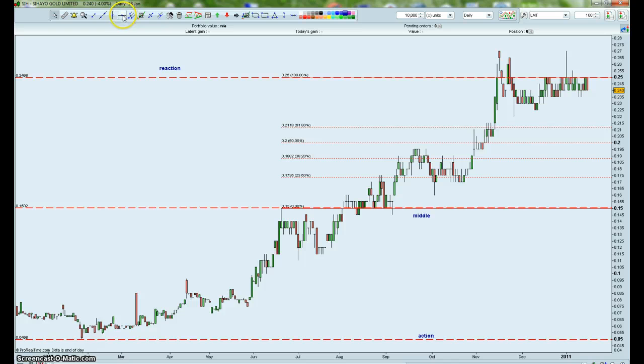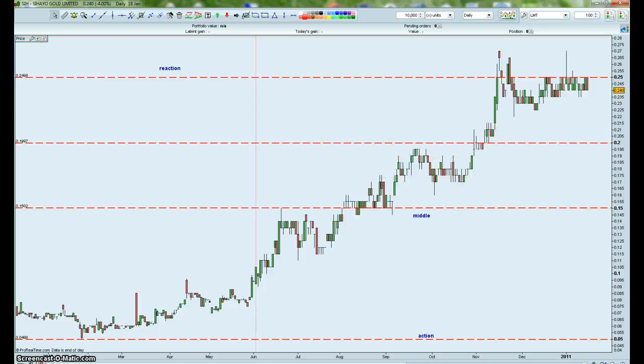What else can we do? We can also put some lines in the middle between these action and reaction lines and use those as reaction significant points as well. So we've got one at the 50, and that was a support resistance line there. I'll delete these fibs so it doesn't get too busy.